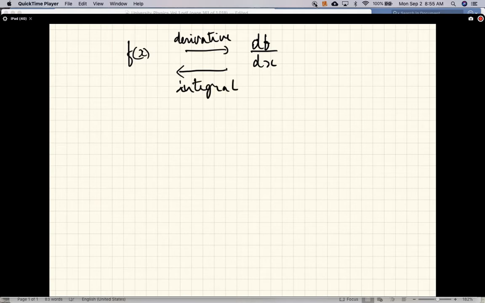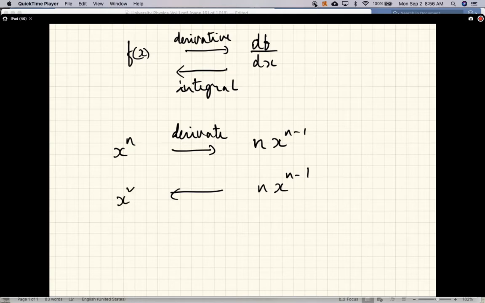So for instance, the derivative of x to the power of n is n x to the power n minus 1, and the integral of that is x to the power n. Anyway, you can find tables, so I'll give you a standard table.